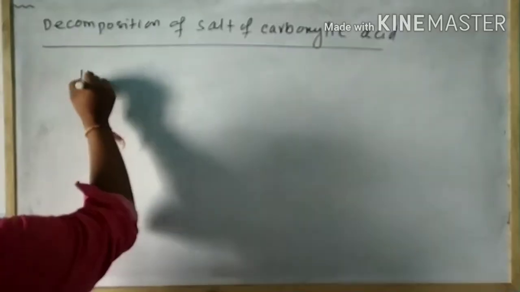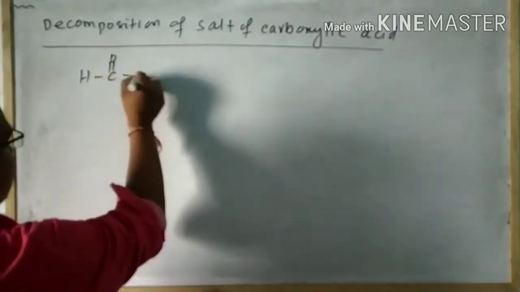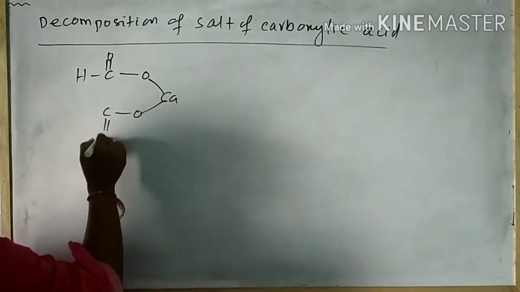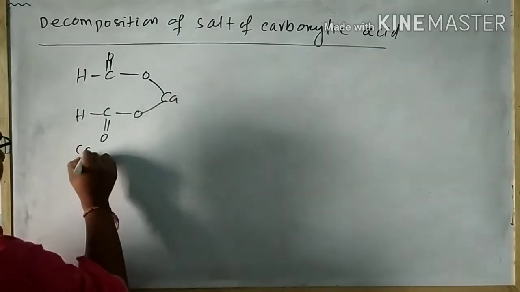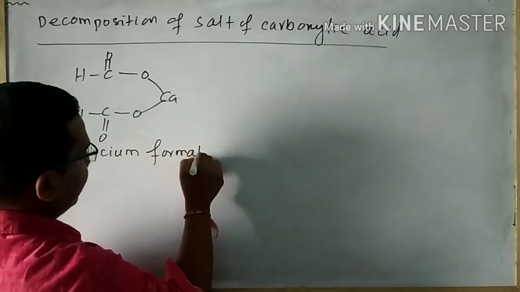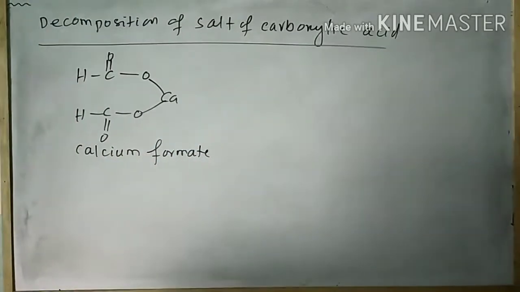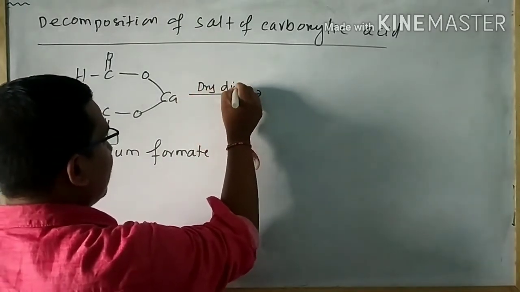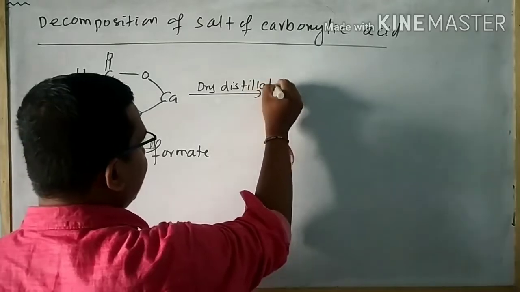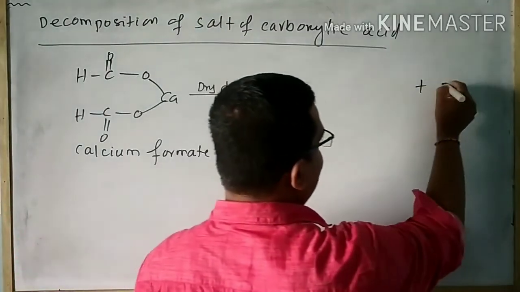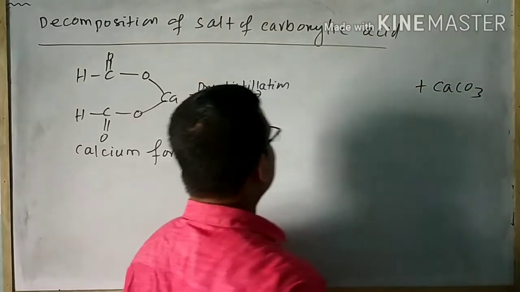At first, I will take calcium formate. This is said to be calcium formate. When calcium formate undergoes dry distillation, then calcium carbonate is formed as the byproduct.